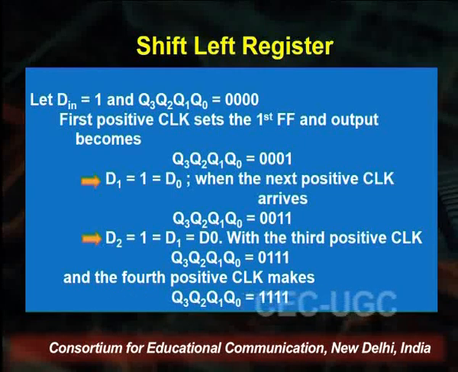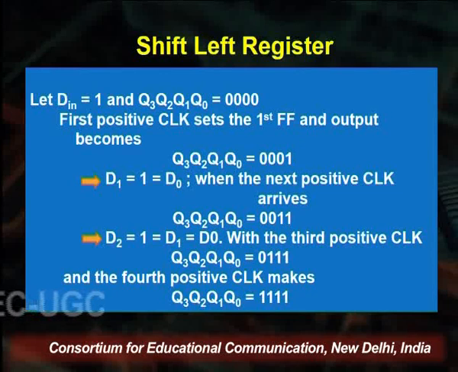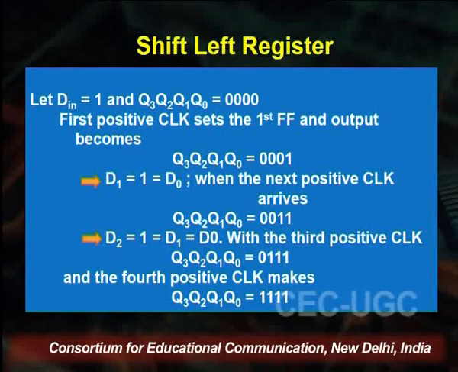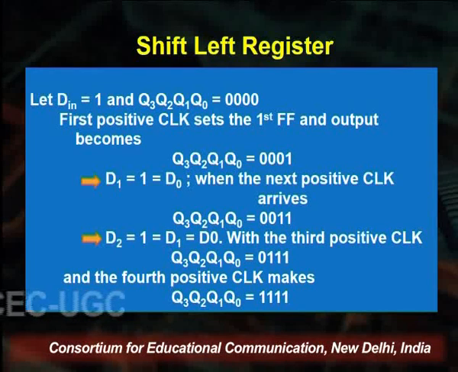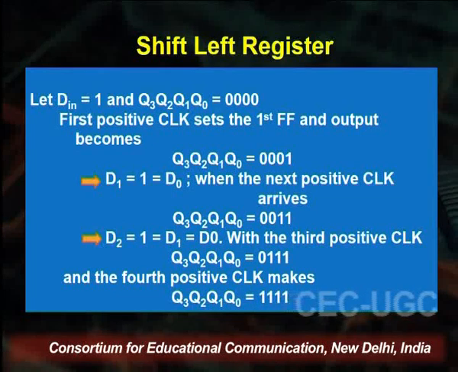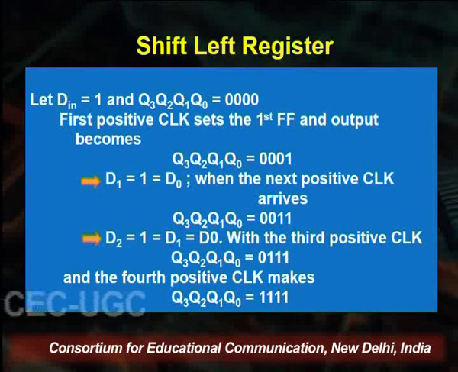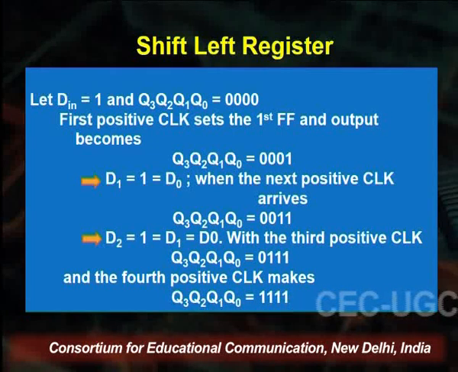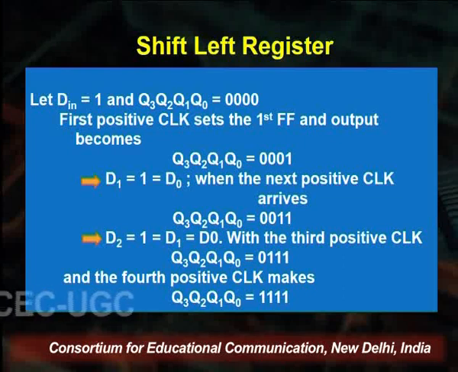If we do not reset the DN to 0, then at the next clock pulse we would get Q3, Q2, Q1, Q0 as 0, 0, 1, 1. The third one will give you Q3, Q2, Q1, Q0 as 0, 1, 1, 1, and the fourth clock makes it 1, 1, 1, 1.